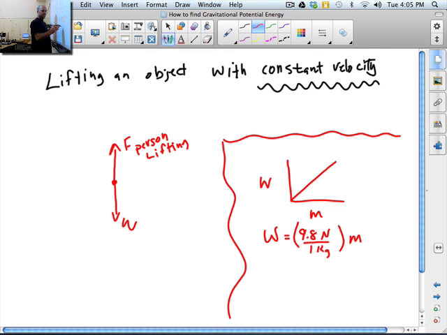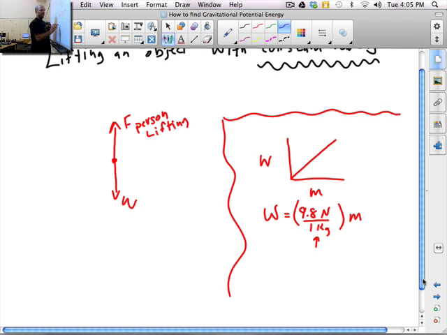We call this the strength of the gravity field of the Earth, and we approximate it as weight about equal to 10 newtons per kilogram times mass, right?